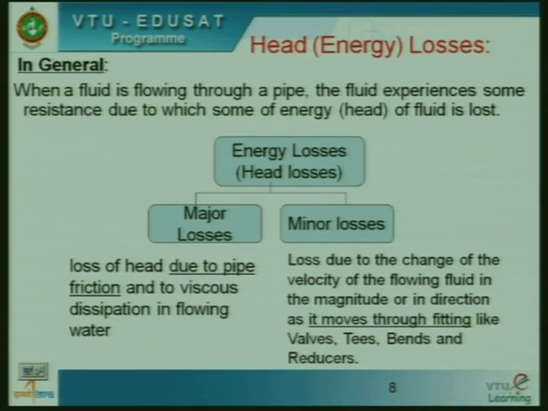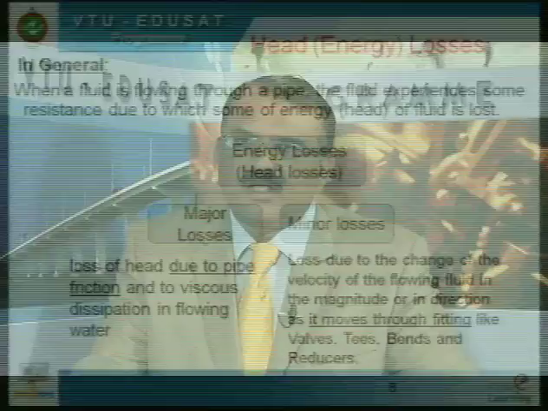In that case, the obstruction acts as an aerofoil and the fluid flows around the obstruction. In that case also there is a certain amount of loss. All these types of losses constitute what is known as minor loss. So, that is what I presented in the next slide.